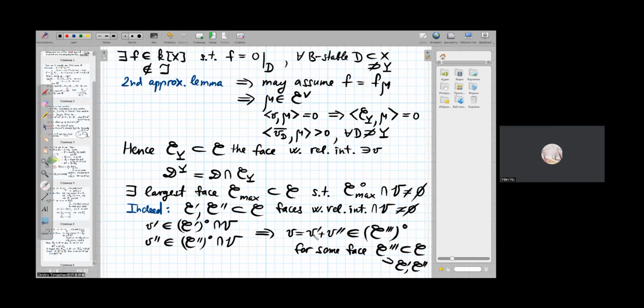And therefore, since V prime sits in the relative interior of this face, and V double prime sits in the relative interior of this one, any supporting function of C triple prime will vanish on these two faces. This means that these two faces are contained in this one. So we have proved that there exists the largest one among such faces.